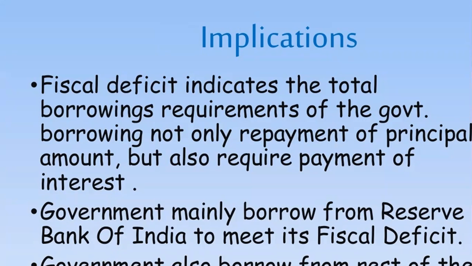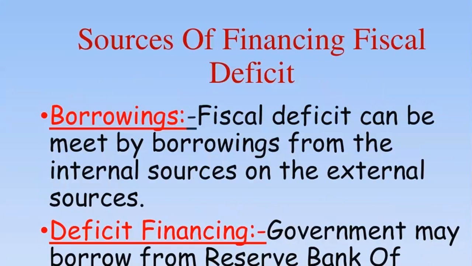It increases the money supply in the economy and creates inflationary pressure. Next is foreign dependency. The government also borrows from the rest of the world, which raises its dependency on other countries, or it may lead to a fall in the value of money. Next, it hampers future growth: borrowing increases the financial burden for future generations.